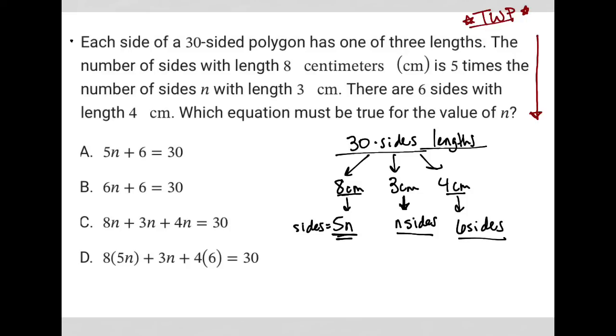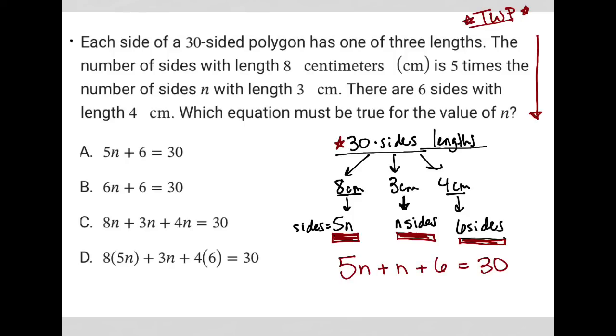Okay, well, we know we have a total of 30 sides. We know that 5n of those sides have 8 centimeters. n number of sides have 3 centimeters. And 6 sides have 4 centimeters. So shouldn't it be true that 5n plus n plus 6 is equal to 30, right?